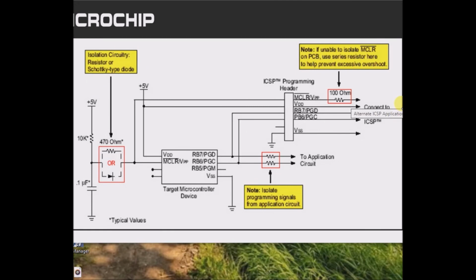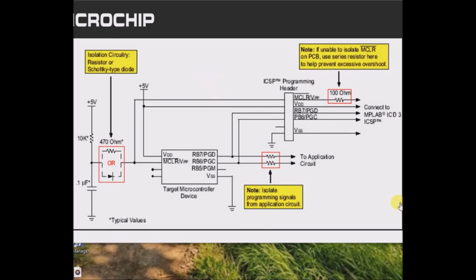Okay, so I had to zoom in on the browser to catch this. I couldn't open it in a new tab. Isolation circuitry, resistor or Schottky type diode. Note, isolate programming signals from application circuit. Note, if unable to isolate MCLR on PCB, use series resistor here to help prevent excessive overshoot.